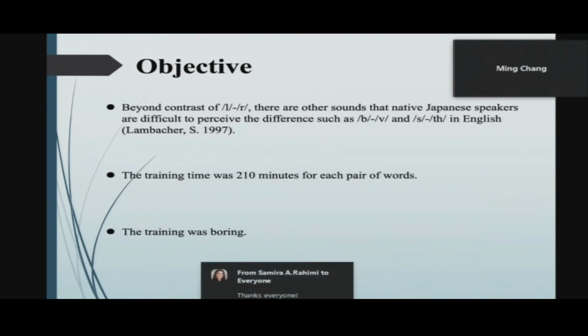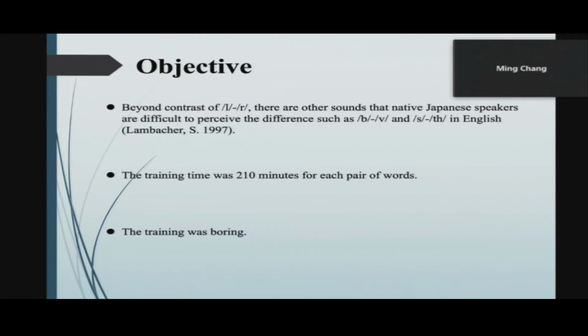But there are some problems that need to be improved. The first one: beyond the contrast of L and R, there are other sounds whose differences native Japanese speakers find difficult to perceive, such as B, V, and S, TH in English. So we used 9 pairs of stimuli containing 3 contrasts.